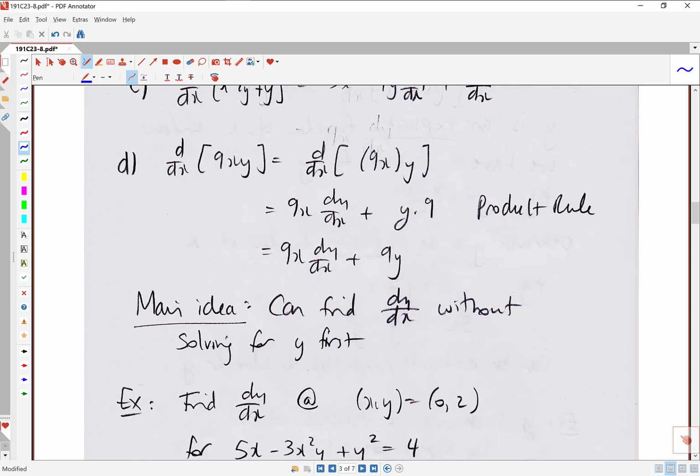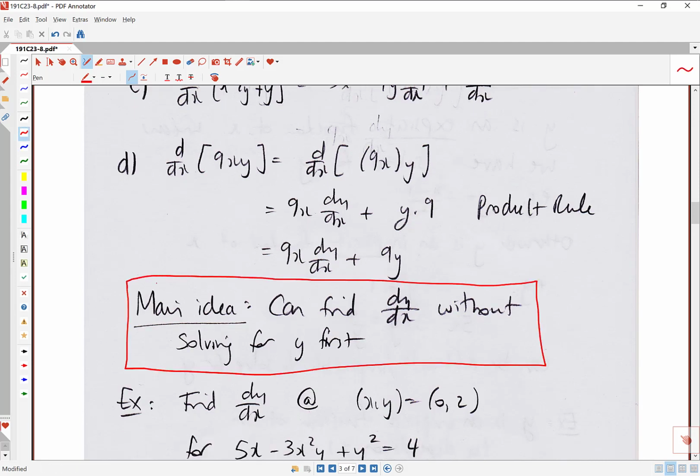So here's our main idea of what we're going to be doing in this section. The main idea of what's called implicit differentiation is that we can actually find dy by dx without solving for y first. Seems kind of amazing and maybe even counterintuitive.